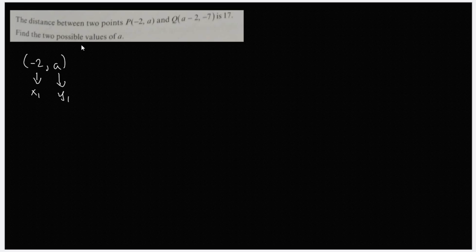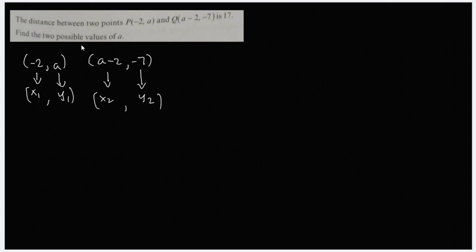In addition to that, we have a minus 2 and negative 7. So this will be your x sub 2 and this one will be your y sub 2. Okay, we already decided on which values to use for x sub 1, y sub 1, and x sub 2, y sub 2.